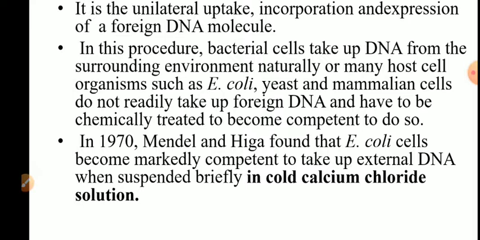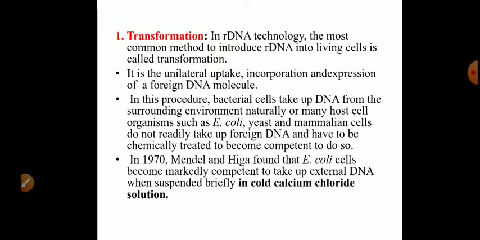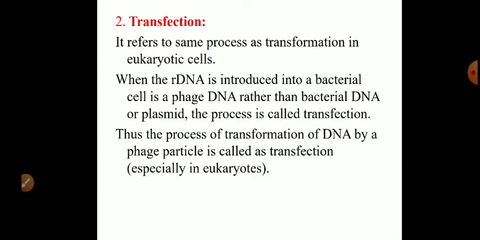In 1979, Mendel and Higa found that E. coli cells become markedly competent and take up the external DNA when they are suspended briefly in cold calcium chloride solution. That means CaCl2 treatment is given so that the cells become permeable and readily accept the recombinant DNA.